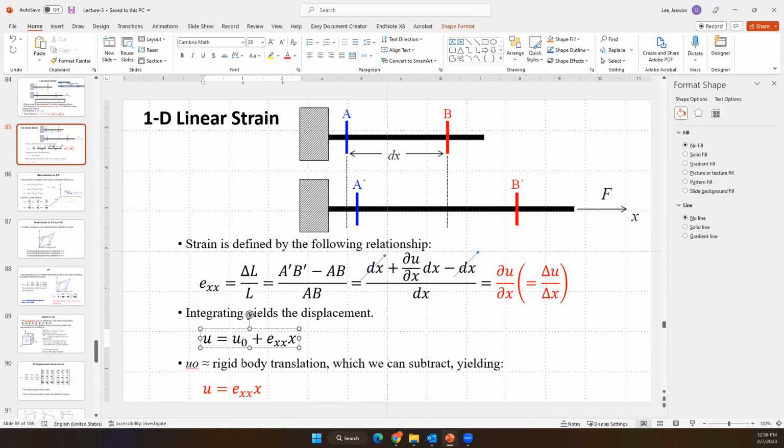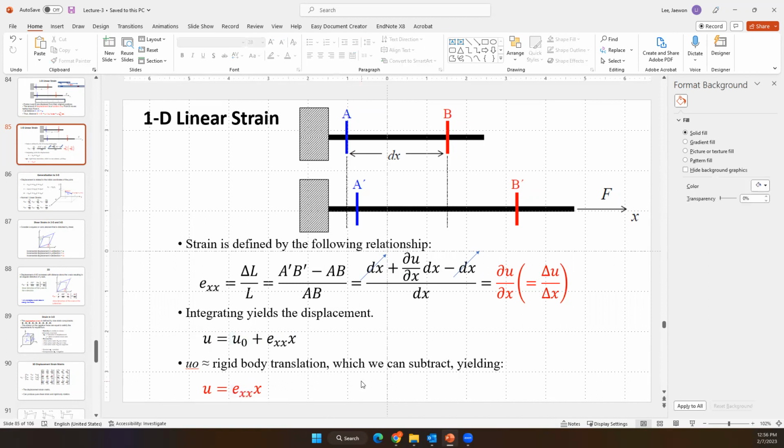Then, if we assume this is a rigid body translation, we can say U equals EXX times X, which means U0 is zero in this case. Do you understand? Are there any questions?